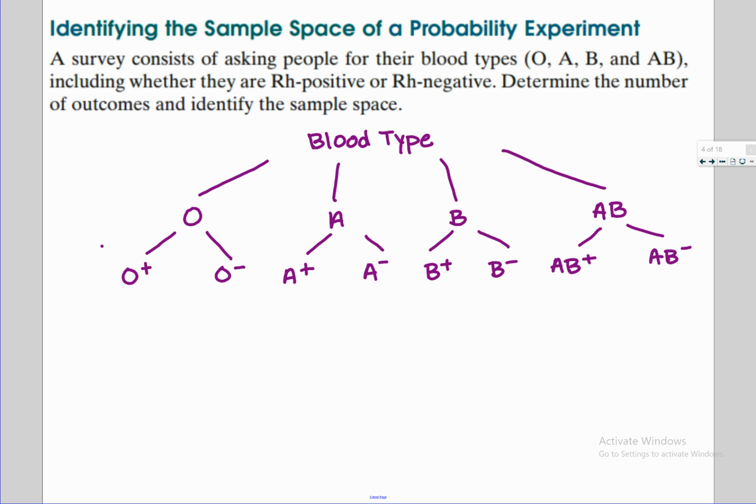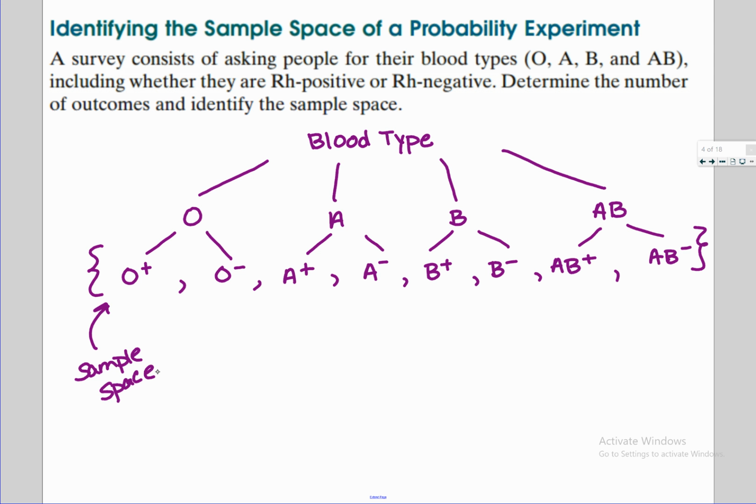And that last line there, sometimes we put it with brackets, sometimes we put commas between it, makes up what we call our sample space. Your sample space is the set of all possible outcomes, and each option within there is an outcome.